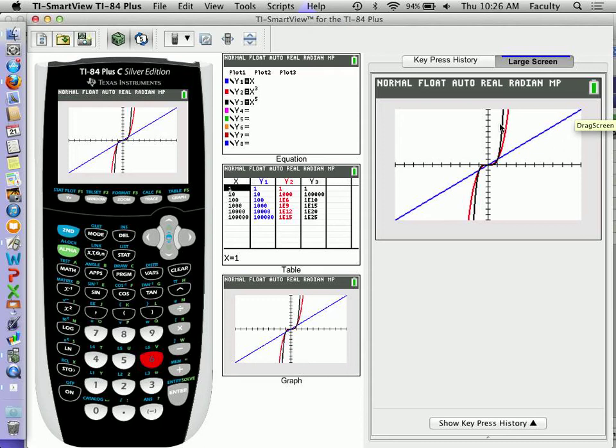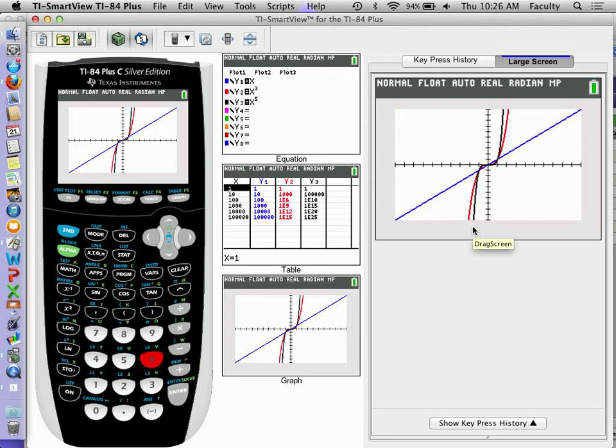That's the only difference. Then as I move left, it's going to negative infinity. We're just comparing the rates of how fast it's getting there.